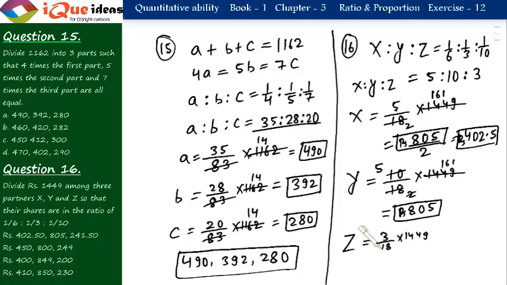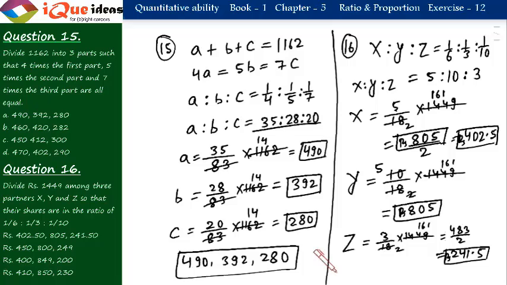9 cancels 18 two times. 9 cancels 1449 161 times. 161 into 3 would be 483 by 2, which is equal to 241.5 rupees. So the three shares are, I'll write it again here.